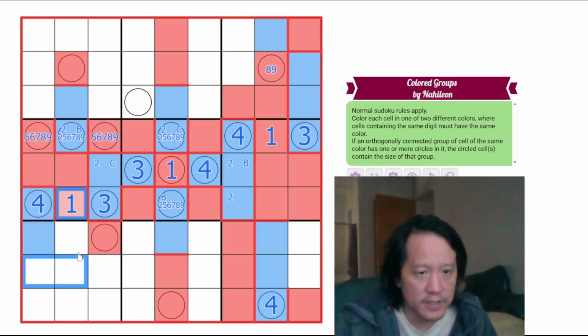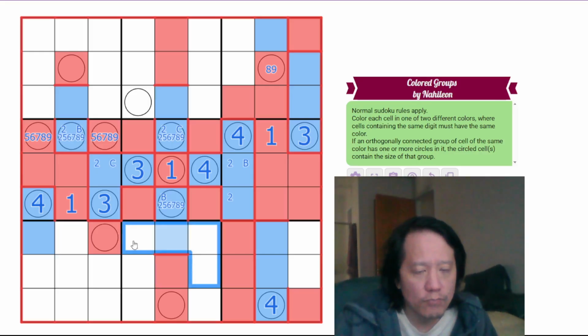So it has to contain 3 blues in box 7, which means the other blue is not connected. Interesting. Hmm. Okay.